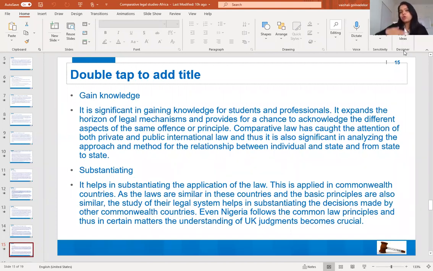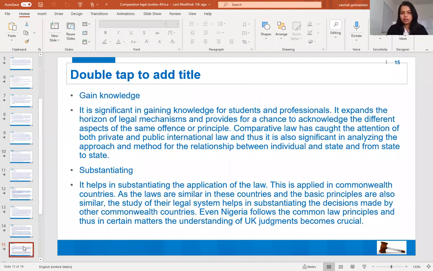Because Nigeria follows the common law legal system. In the common law legal system, judges' decisions are more important. In the civil law legal system, legislative law is more important, okay, statute or law made by parliament. So in civil law, law made by parliament is the base. But in common law countries, law made by judges is the base. So that is the next thing, that is substantiating.